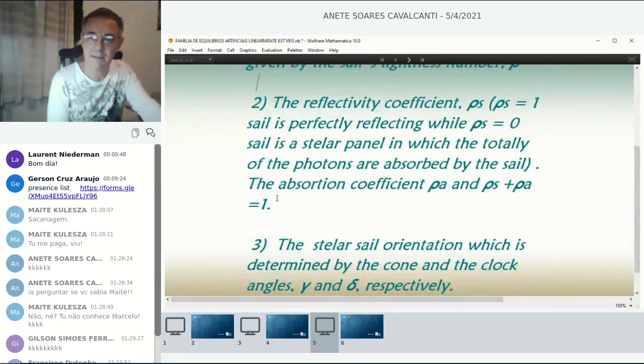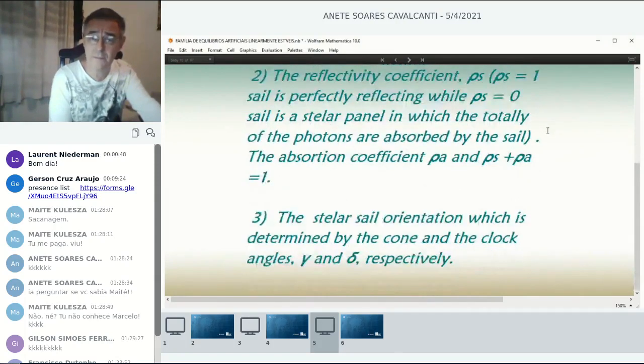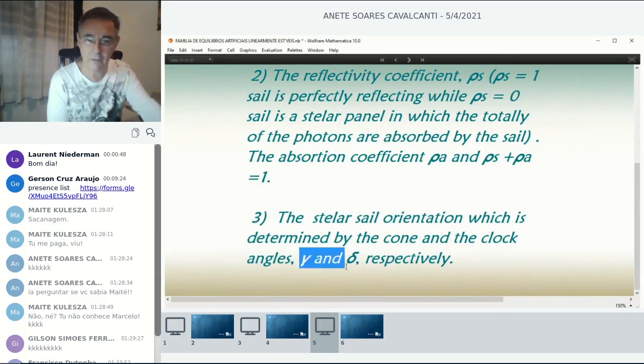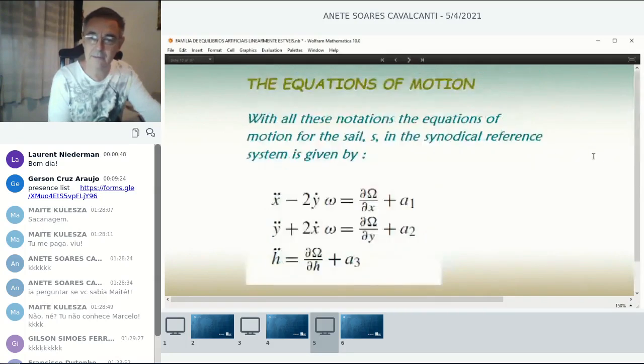And we normalize it so that the sum of both is equal to 1. We are going to consider here a perfectly reflecting sail, so ρs will be equal to 1 for us. Also, the sail orientation is given by two angles. We're going to talk about them in a second. They are called the cone angle and the clock angle, which are given here by gamma and delta respectively.